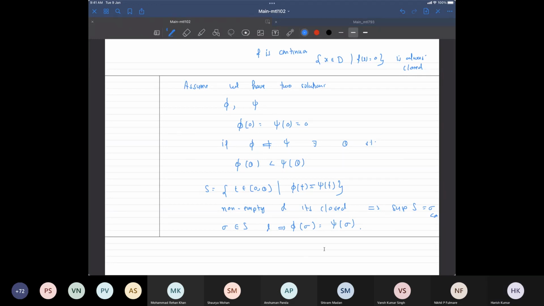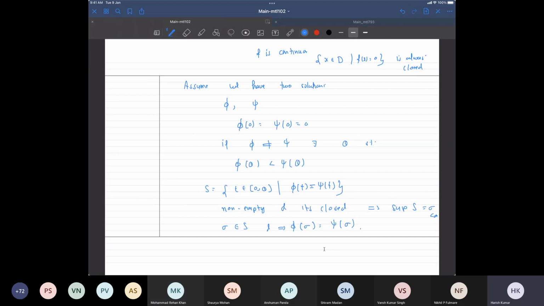Either it will be empty or it will be closed. So how to prove this result? If you have not understood it, let's try to prove it. Basically, closed means that if there is a sequence in this set S, then the limit is also in that set S, right? Is this definition clear to you? When you say such a set is closed, you take a sequence in that set and then you show that the limit is also in that set.